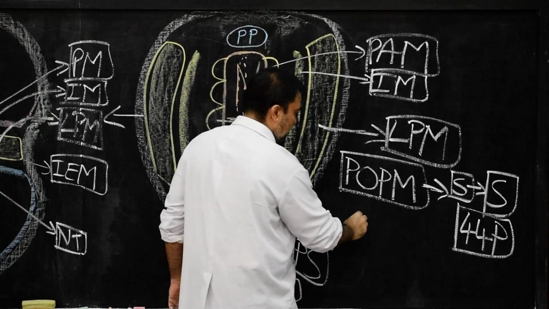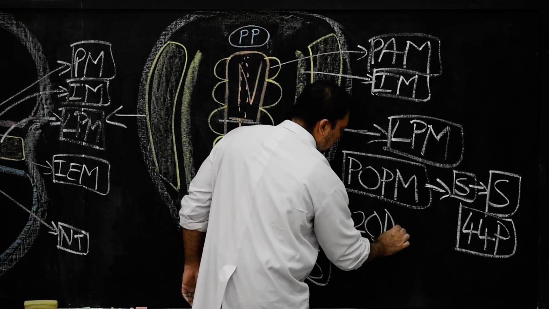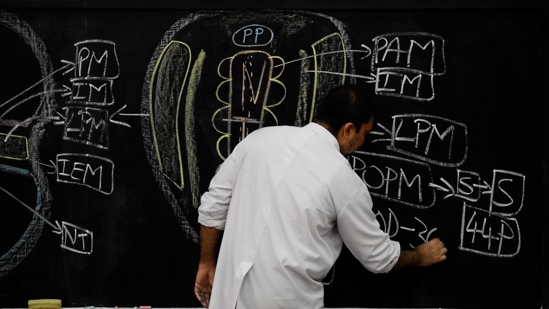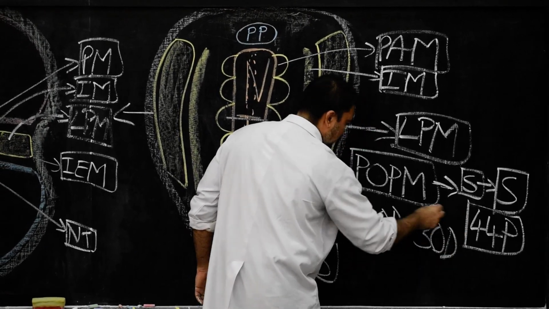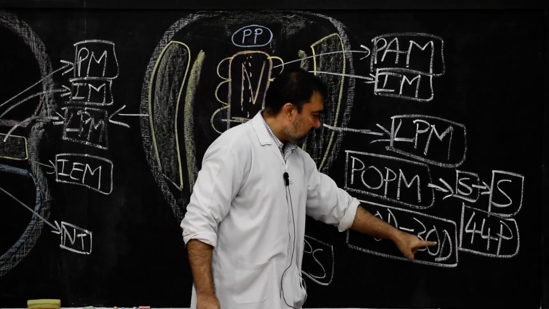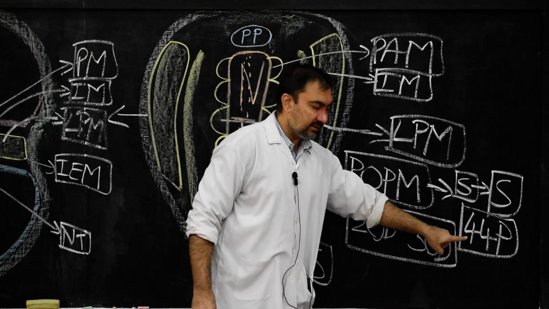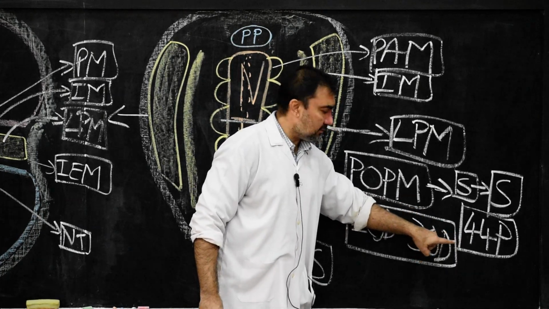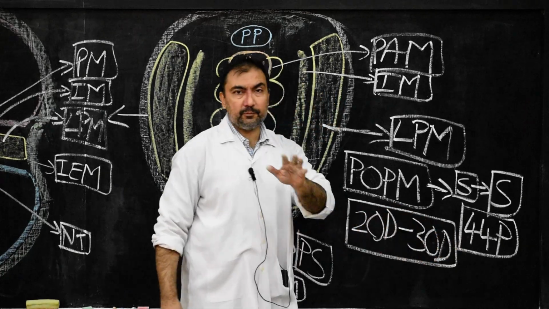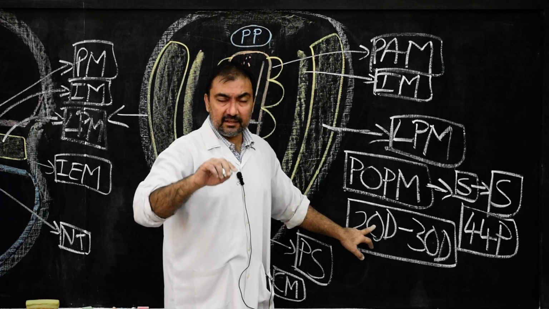So please note down, between 20th day to 30th day, these somites will form. On the 30th day, the maximum number of somites will be reached. That is, on the 30th day of the embryo, there will be development of 44 pairs of somites. On the 20th day, it will start.